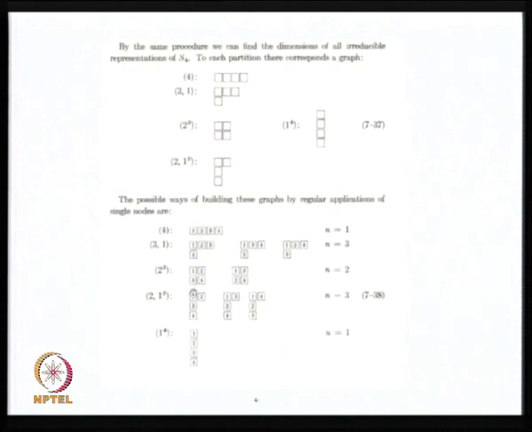There are 5 irreducible representations. Remember that partitions of 4 are 5, so that there are that many conjugacy classes, but therefore there are that many irreps. And now this list is giving the sizes of the irreps.